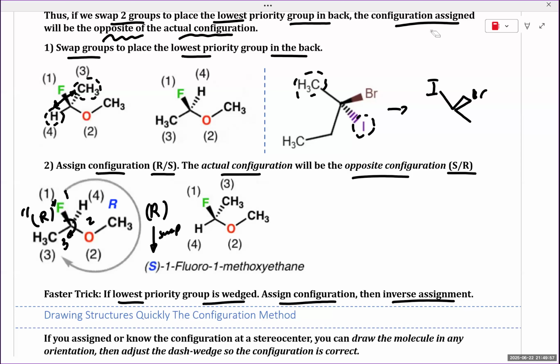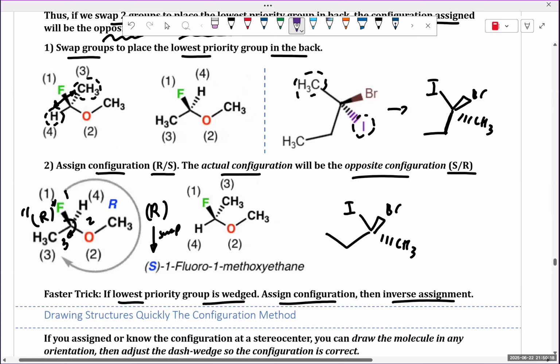Now, I do not like this method much because you have to be really careful on this next step. So we have our redrawn structure. The lowest priority group is in the back. We rank our groups in order of priority. We trace from highest to lowest priority. This gives us a counterclockwise or S assignment.